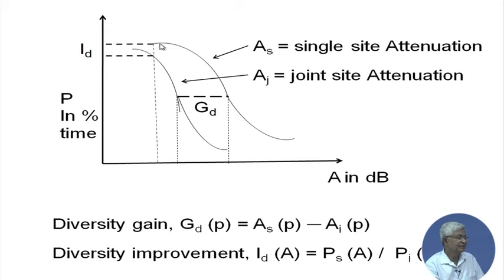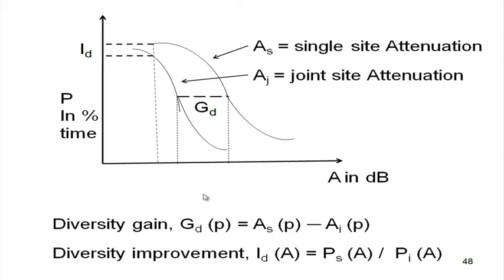This is PS(A) and this is PJ(A). So the ratio of that gives you an improvement for a particular attenuation, in terms of probability, in terms of time, how much time you get the link available, whereas here you get attenuation in a particular probability of time, how much attenuation advantage you get, that is in terms of diversity gain.